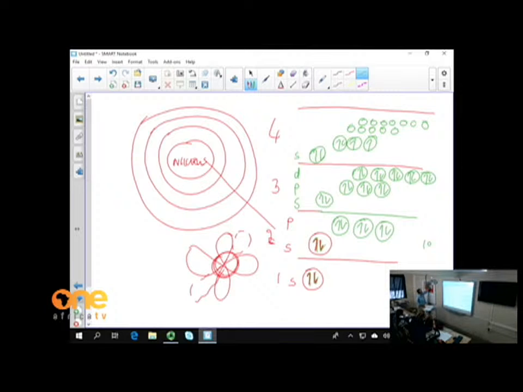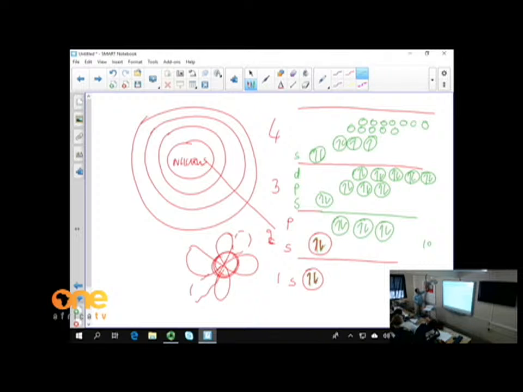These are P block elements. Remember, we don't work with them. P block elements have electrons that are unpaired in the P sublevel, so that is where their bonding will occur. Whether it's in the second, third, fourth, fifth, sixth, or seventh shell, it doesn't matter, their outer shell electrons will lie in the P sublevel.